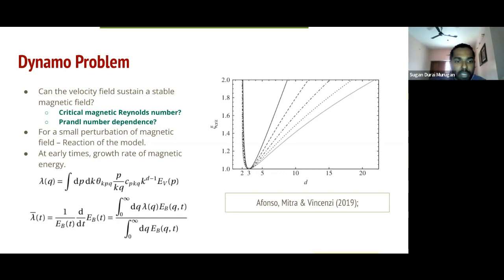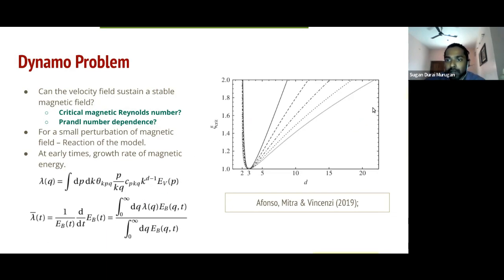The only term that brings in energy from the fluid part, from the kinetic part, is this interaction term. And then assuming that the magnetic spectrum is very small, we can look at the linearized one, and then one can define this dynamo rate for an arbitrary d-dimensional EDQNM MHD model.